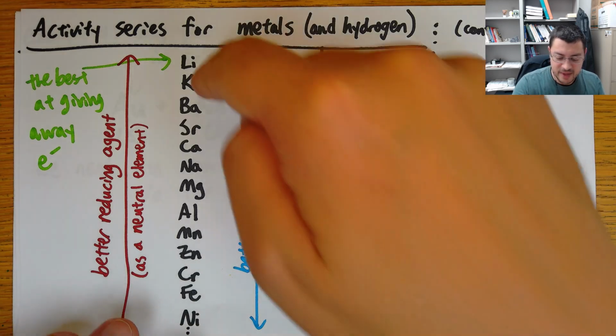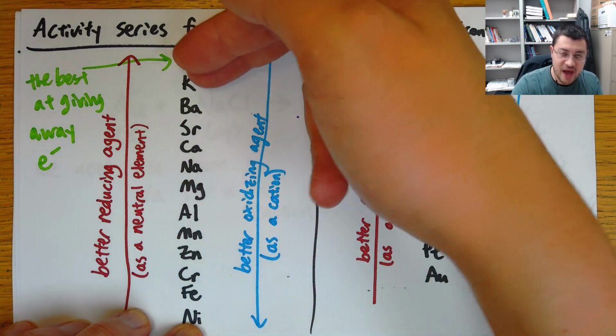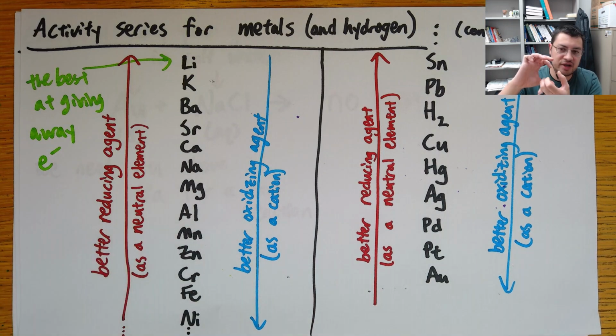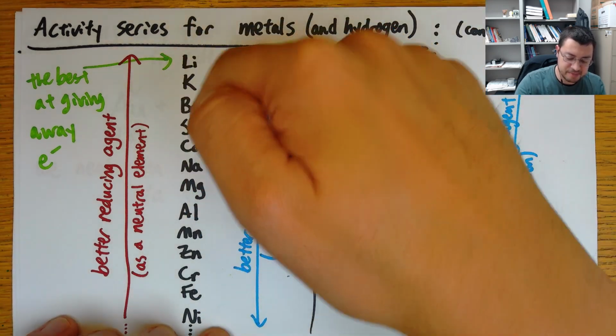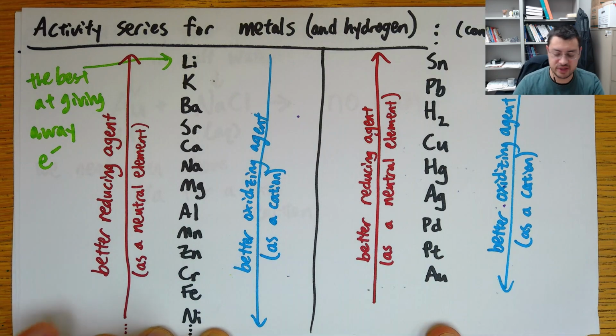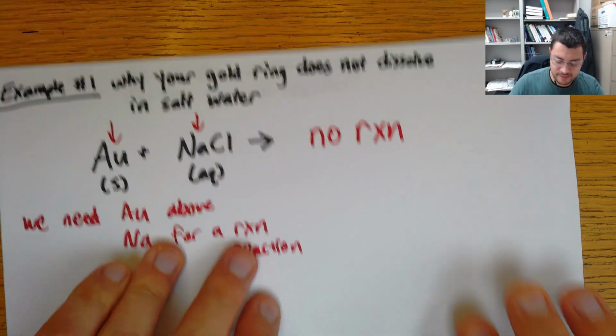If the element is above the cation, then you have a positive voltage, which means electrons move spontaneously. That's how batteries work. There's a selection of chemicals in there where, when a circuit is complete, the electrons will spontaneously move. That's because part of the battery has a metal that's above the cation somewhere in this electrochemistry series. So that's example 1, no reaction.